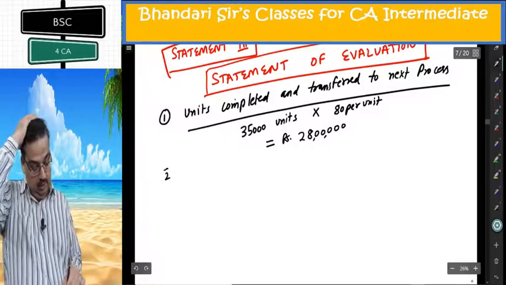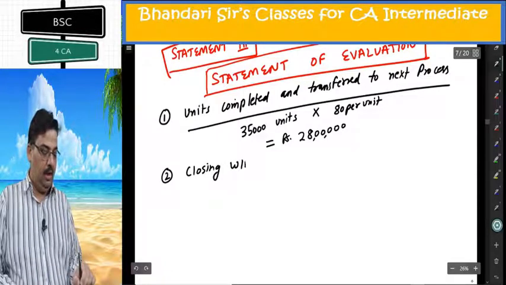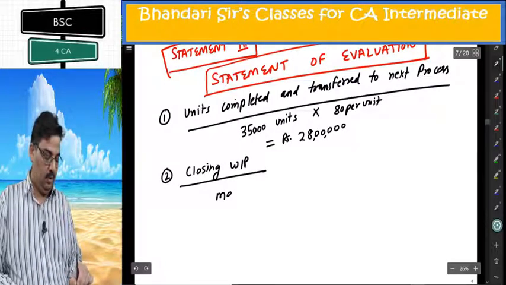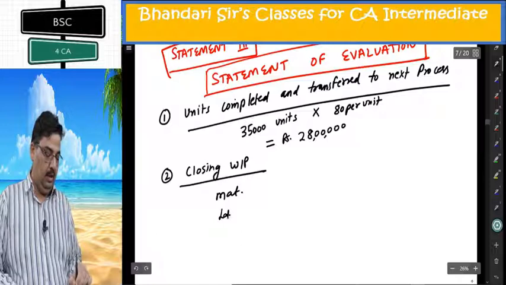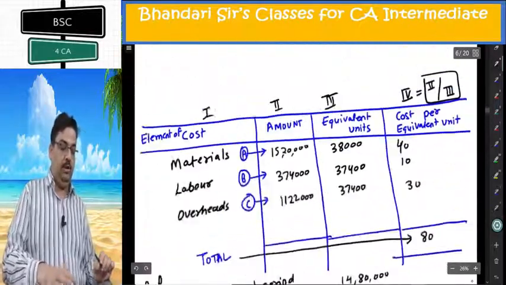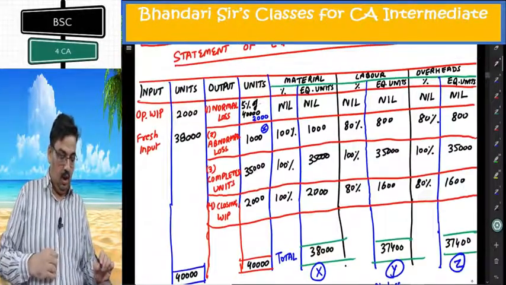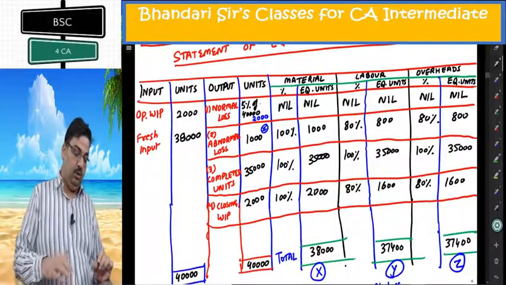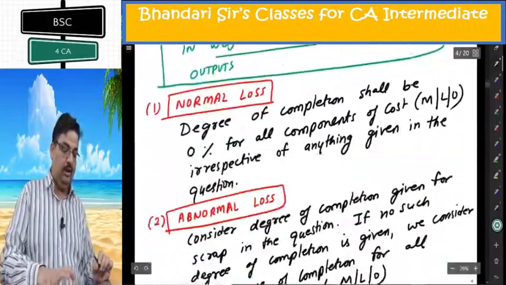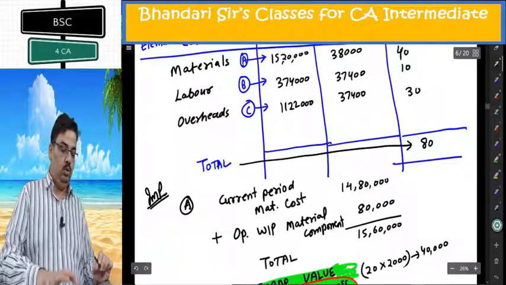Now focus on closing WIP. Material, labor, overheads. First equivalent units from first statement. How much are equivalent units for closing WIP? 2,000, 1,600, 1,600.